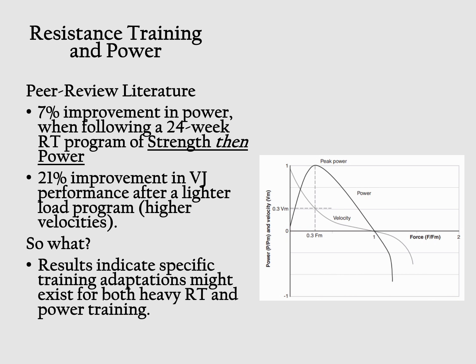Maximizing force means we're really slow. That's why we're closer to the 0. As we move down the force velocity curve, we increase our speed, but the load decreases over time. And we'll talk about this again in a little bit.